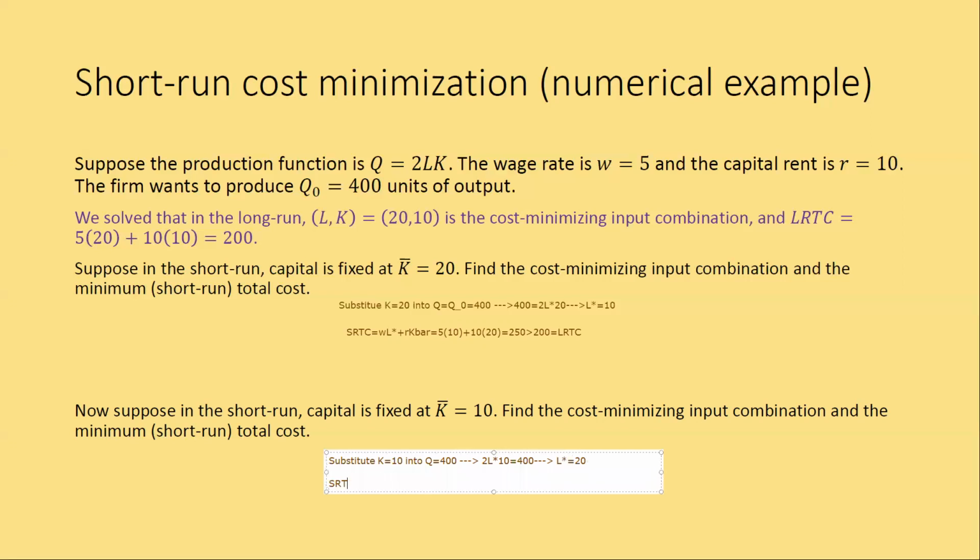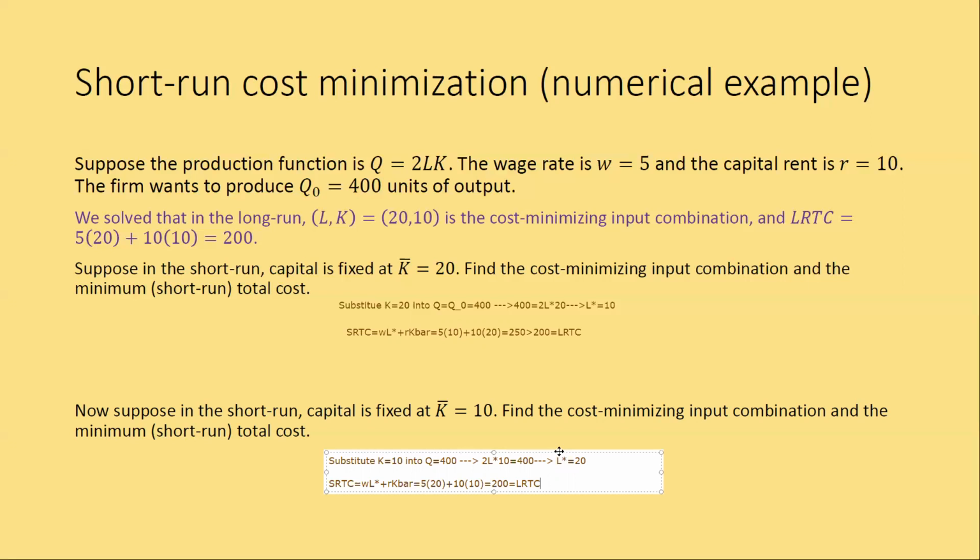Now, in this case, our short run total cost will still equal W times L star plus R times K bar. It is going to be 5 times 20 plus 10 times 10. This is 200, which happens to be the same as the long run total cost.